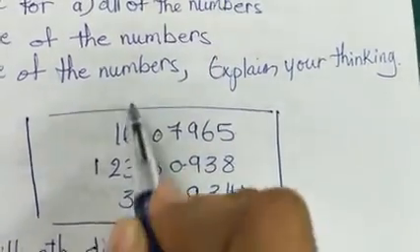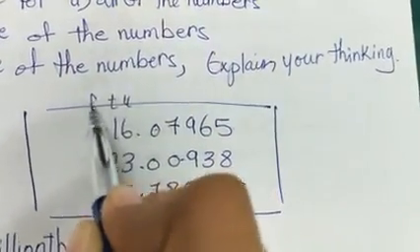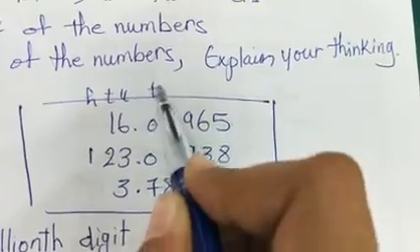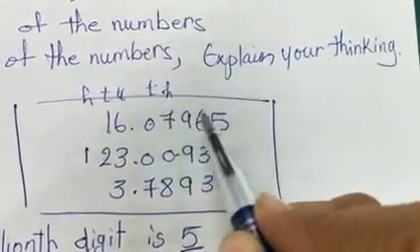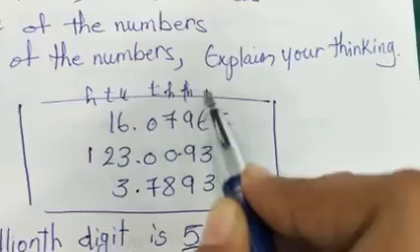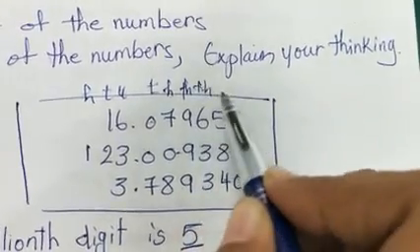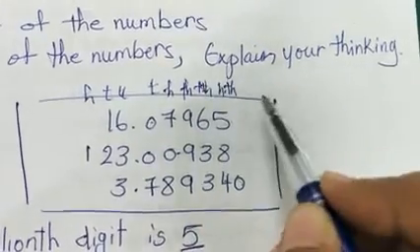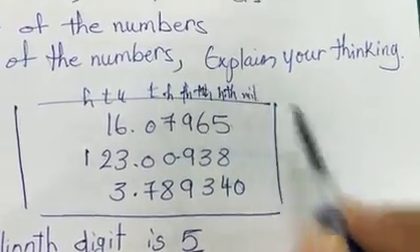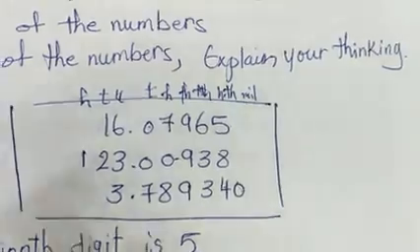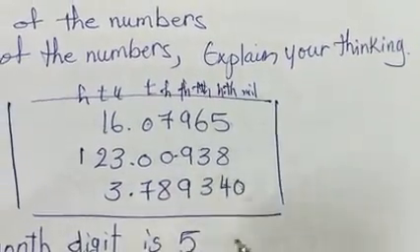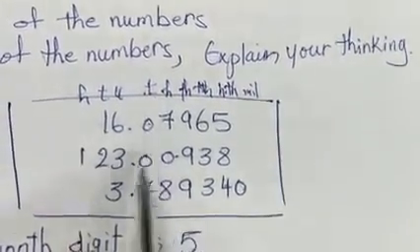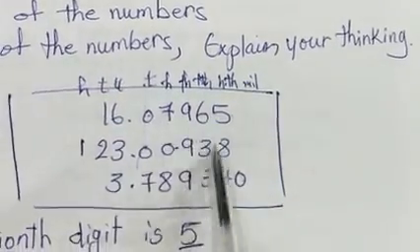For the whole numbers, this is units, tens, hundreds, thousands, 10,000s, 100,000s, and this is millions.